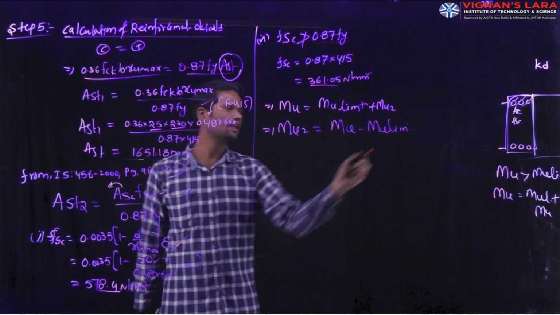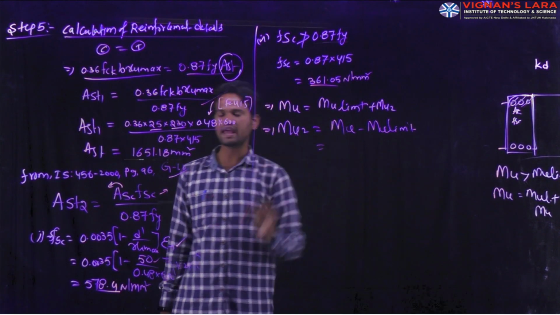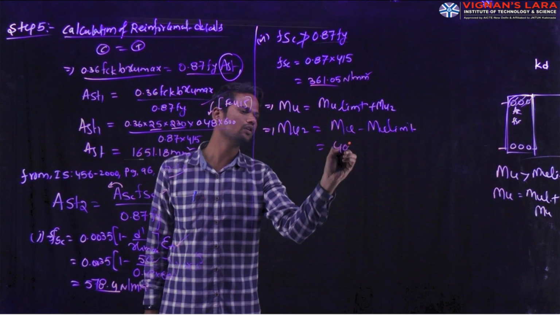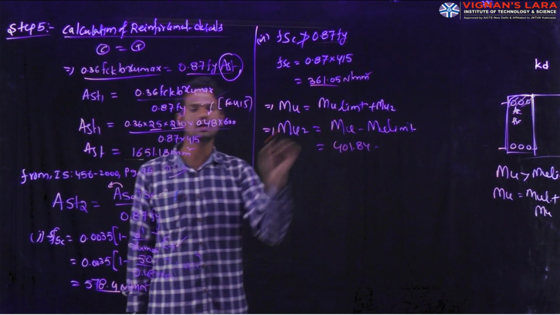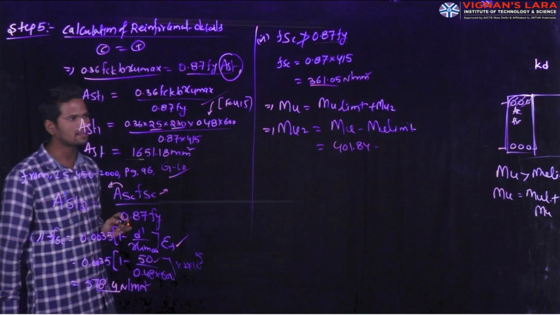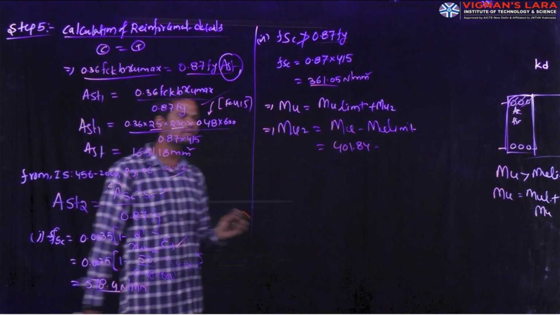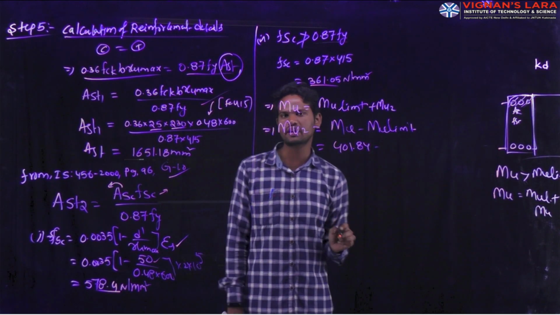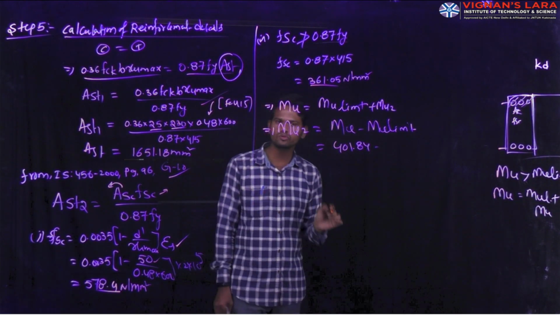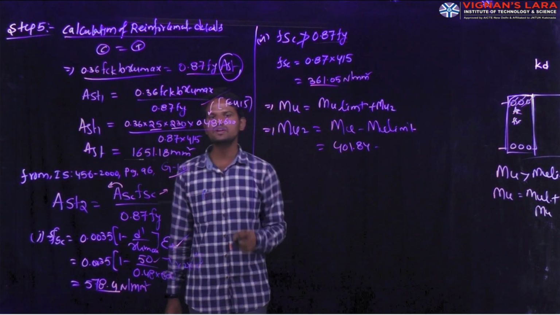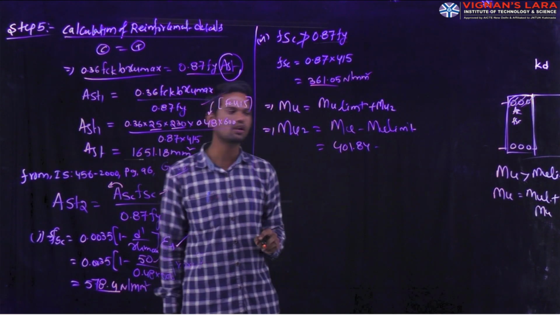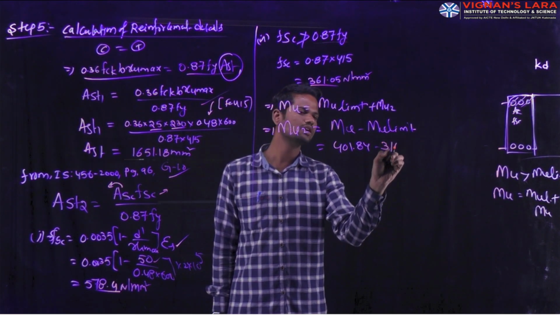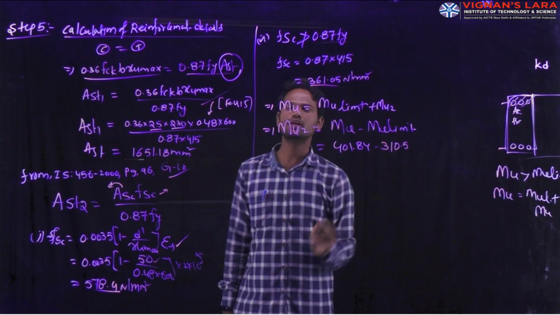The total moment acting on the beam we calculated as 401.84 kilonewton meter. Mu limit we already calculated, that is 0.138 into fck into bd square, and that value is 310.50 kilonewton meter.